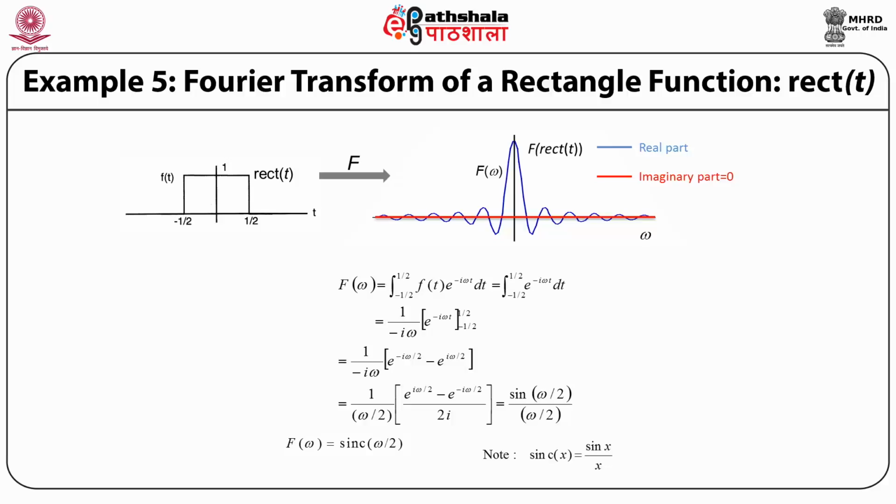I would encourage students to go through the steps and try to derive it on your own, so that you will get familiarized with how to do integration in all the other modules. So the Fourier transform will be equal to sinc of omega by 2. Sin x by x is always known as sinc.